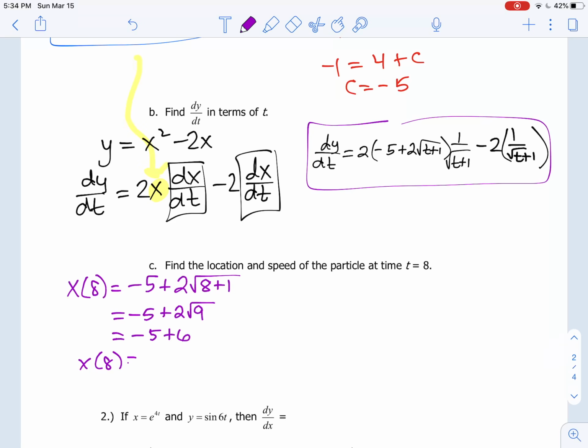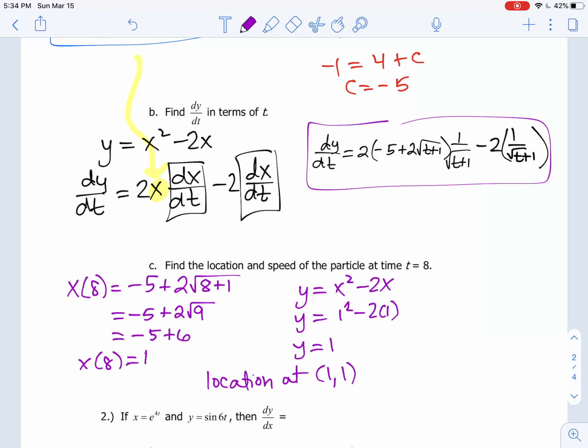So x of 8 ends up equaling 1. If I want to find y, I can go ahead and use x squared minus 2x. So the location is going to be at the point (1, 1).